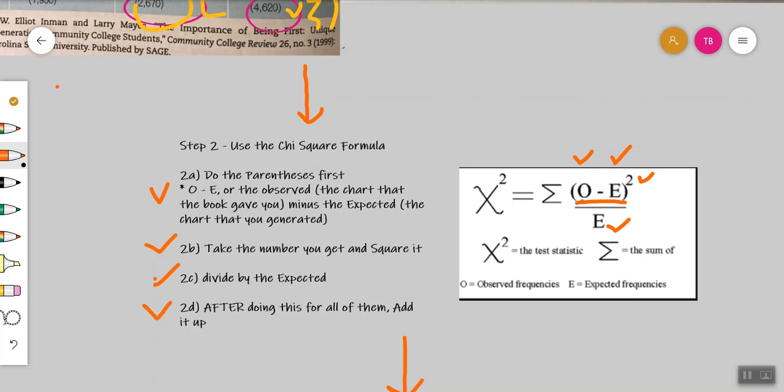After doing these three steps, you're going to add them all together. That's what the sum is all about. So do the parentheses first, observed minus expected for each one of the categories. You square the number, divide by the expected. Then after you do these steps for all of them, you add them all up. So what does that look like?